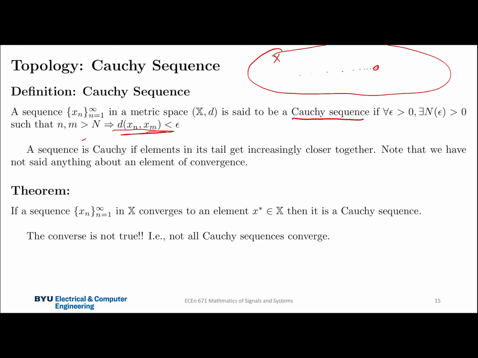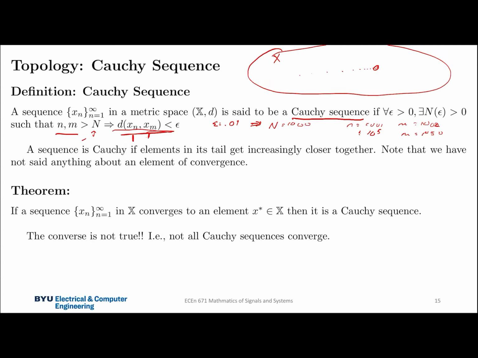Let's suppose that epsilon is 0.01, then for this particular sequence, it might be that N is equal to 1,000. Now if I pick n equal to 1,001 and m equal to 1,002, then I have to be within this ball. But if I were to also pick n to be 10 to the 5th and m to be 1,050, those two, x_n and x_m, are going to be within epsilon of each other.